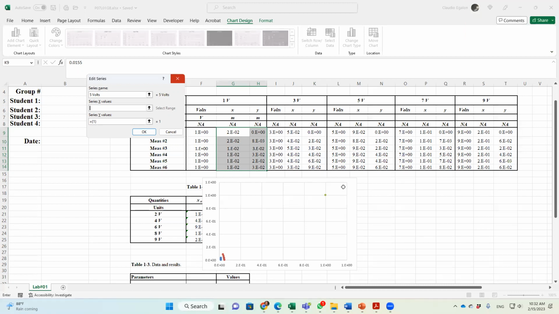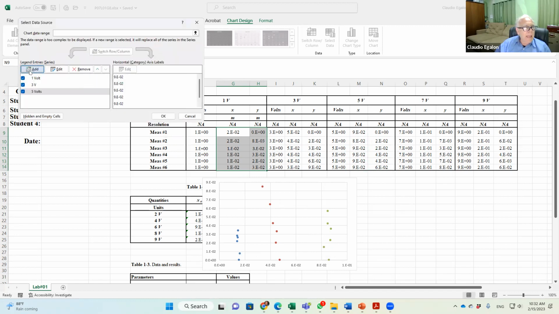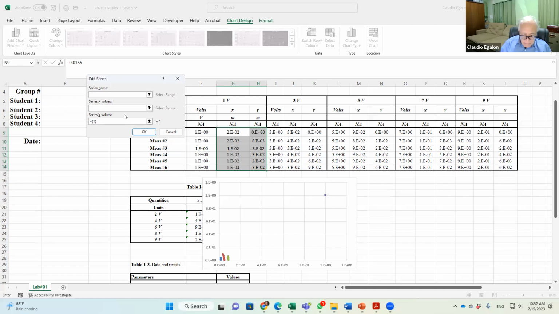Okay. I see. Okay. So let's go X value, 5 volts. Everybody's following? Here you go. Okay, another set of points. Now that's 1, 3, 5, right? Click OK, add, right? Next is going to be 7 volts.